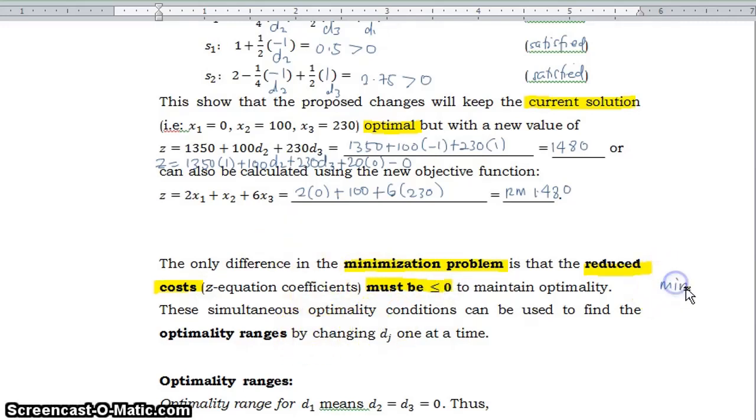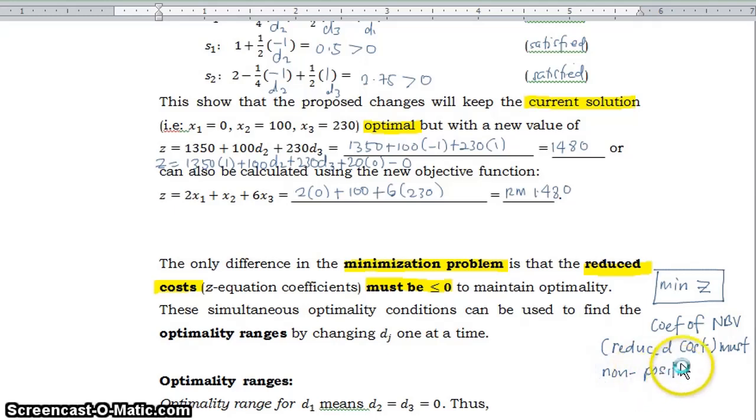For a minimum problem, the coefficient of NBV or reduced cost must be non-positive, meaning less than or equal to 0.